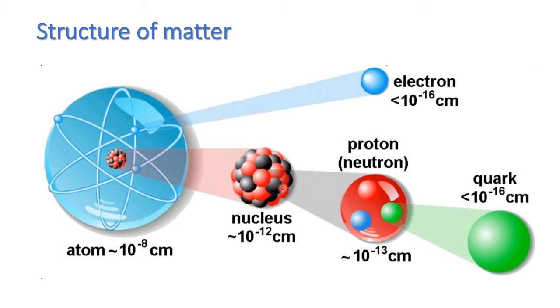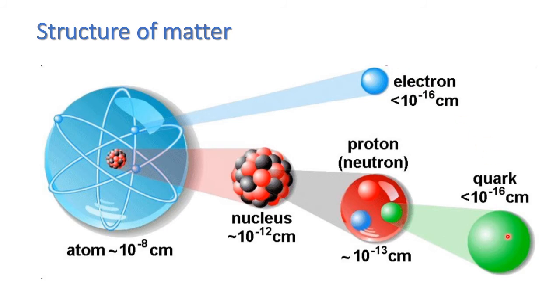Then when we take the nucleus, inside the nucleus protons and neutrons are there, right? And its structure has a diameter of around 10 to the power minus 13, and then neutrons and protons are also built up of a structure called quarks, and the electrons are orbiting. So presently electrons and quarks are considered as the fundamental particles or elementary particles.